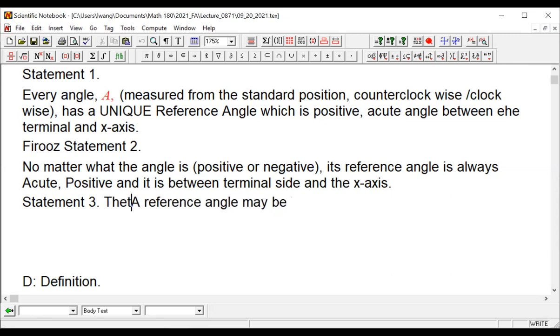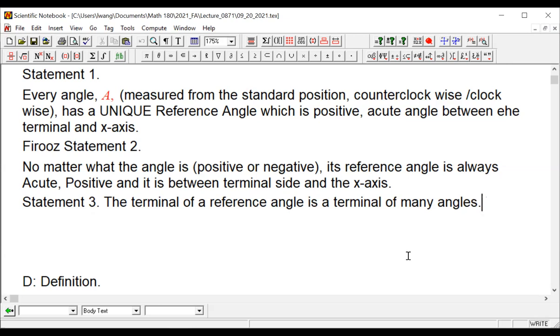The terminal of a reference angle is the terminal of many angles, or I can even say an infinite number of angles. Do you agree? So we have these 3 statements.